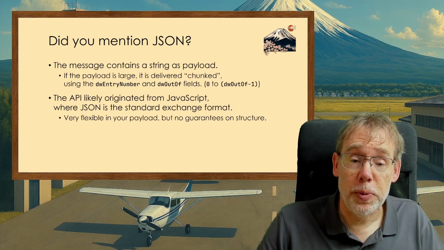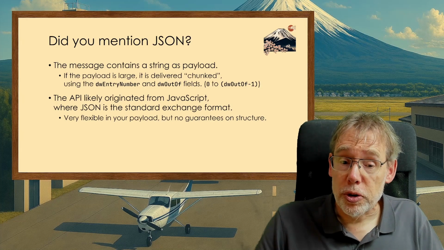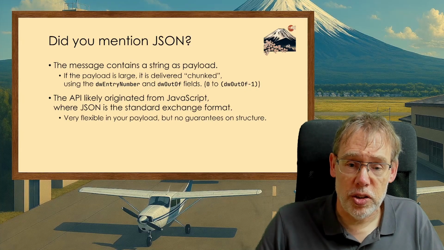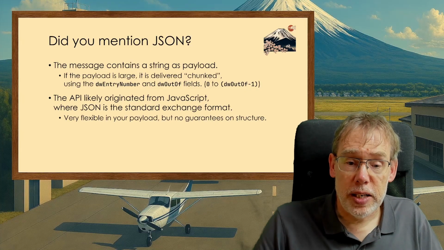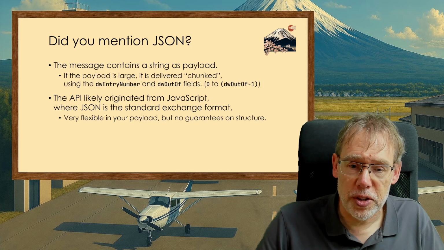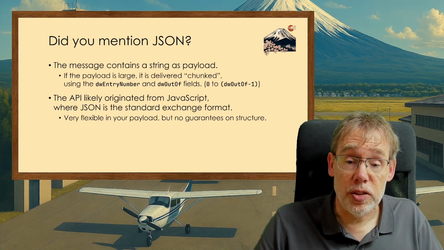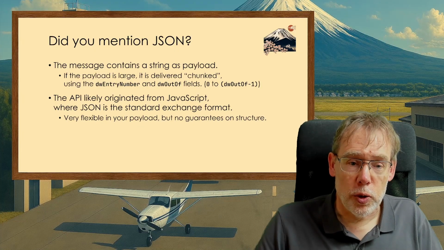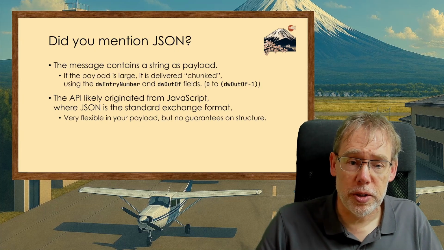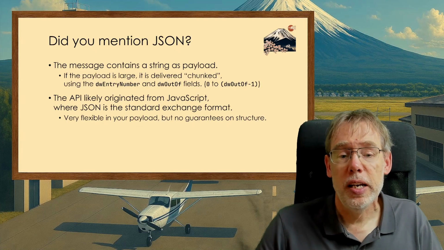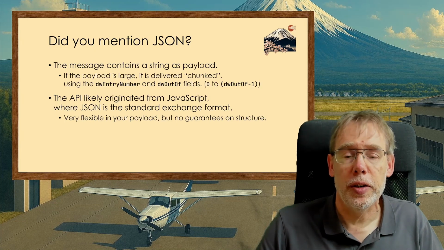It's very flexible in the payload, but of course the difference now is, instead, as with data blocks that you could define for sim objects or for client data, there is no guarantee on the structure. You always have to parse that JSON structure and extract the fields that are important for you.